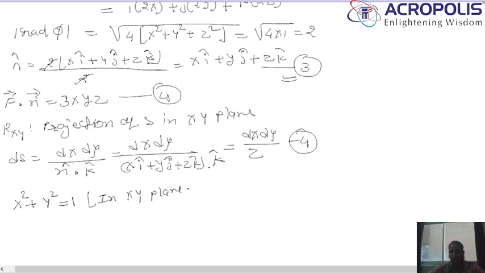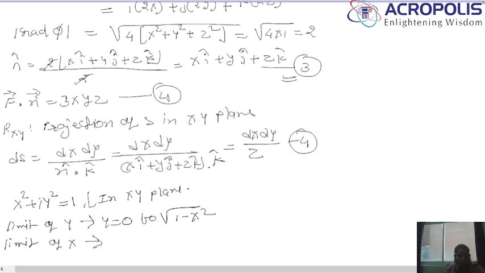So the limit of y varies from 0 to under root of 1 minus x square, because we take the xy plane. Now the limit of x equal to 0 to 1, because our sphere is like that, and in the xy plane we take a projection.